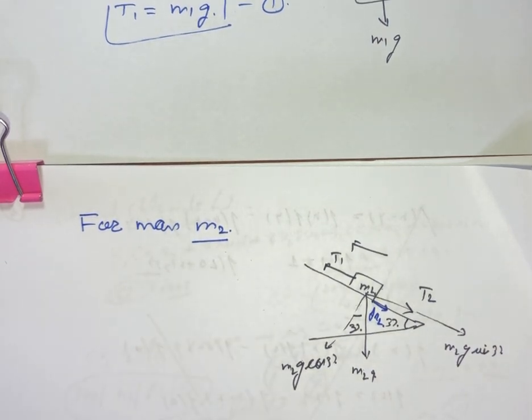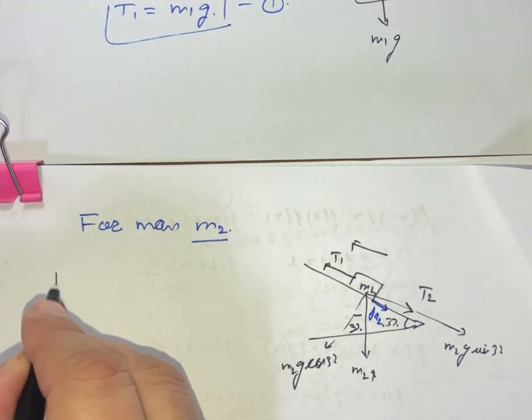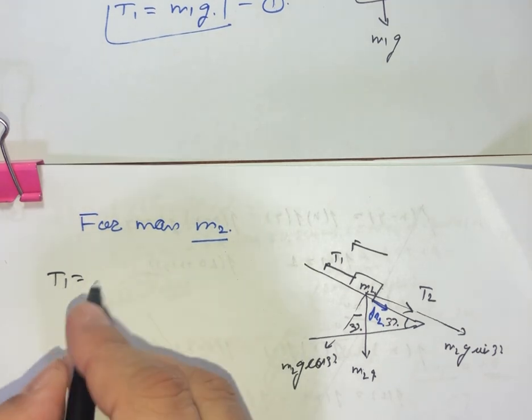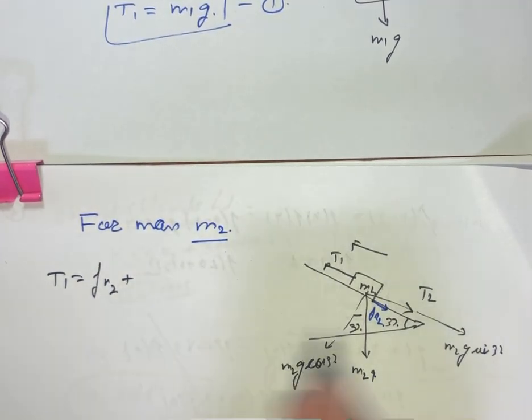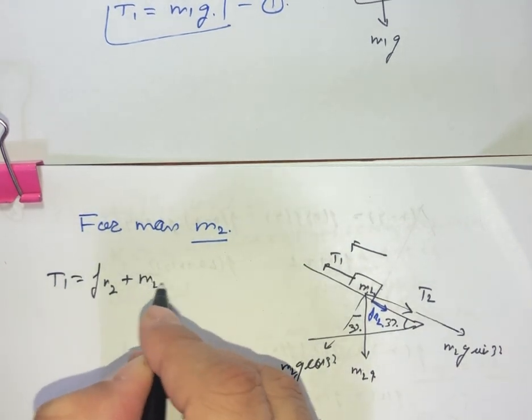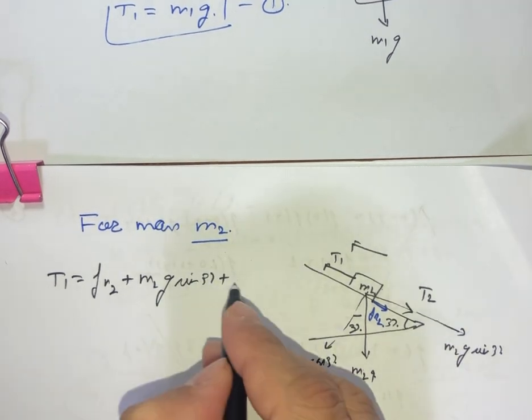So we can write the equation of motion as there will be no acceleration. So we can say T1 is equal to FR2 plus m2g sine of 37 plus T2.